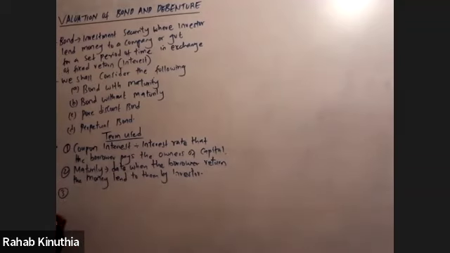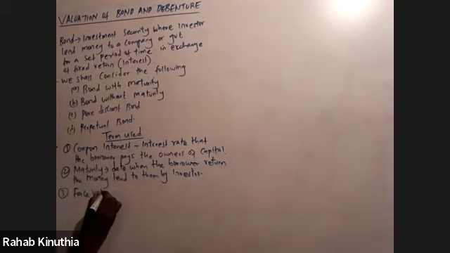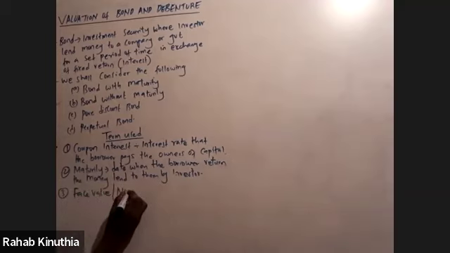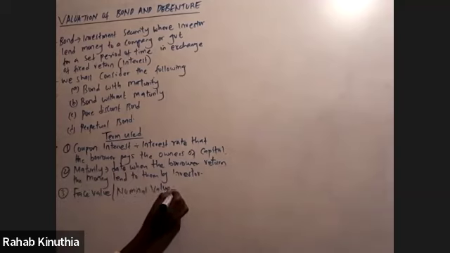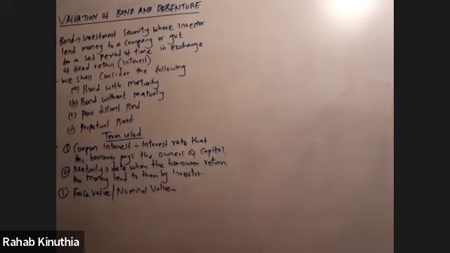Number three, face value, also called nominal value. This is the value which existed before the market price.